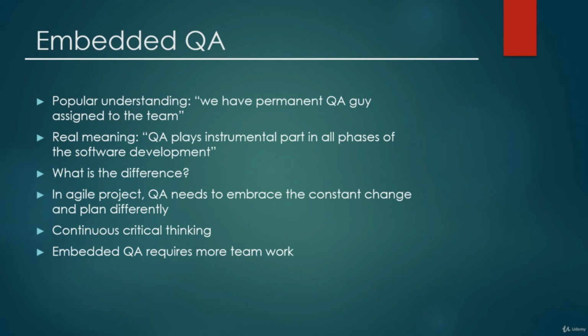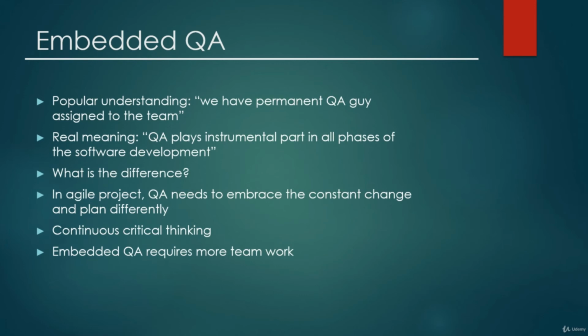And in Agile, there's lots of changes, and changes are happening all the time, and it's a much more fast-paced working environment. And here QA needs to embrace that constant change, and you have to plan your QA testing activities a bit differently. You can't rely on very complex and very firm and rigid QA plans, because honestly, you will have to change them all the time and they will become irrelevant.